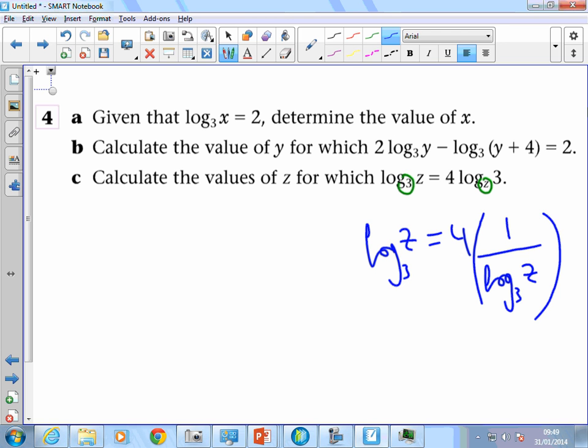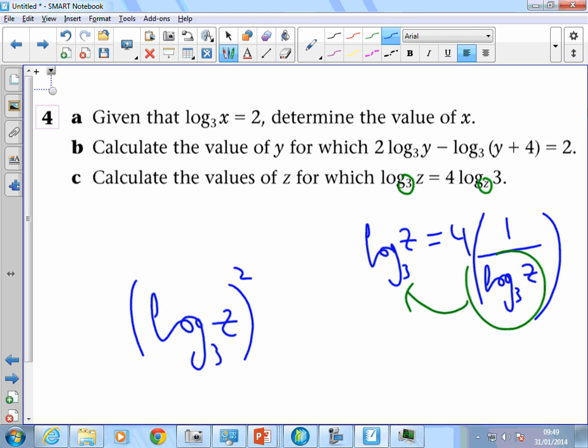Now I can apply the usual rule. I have a fraction, if I take this over, then I multiply. So what I'm left with is log with base 3 of z. Now I have to be careful here, because when I multiply, I'm timesing something by itself, so I just square the whole thing. That's important, okay?